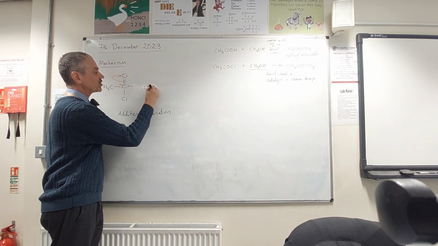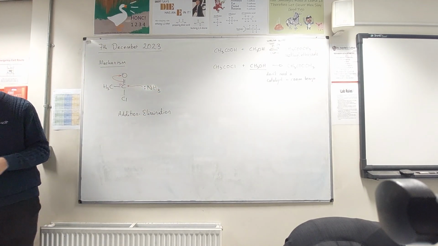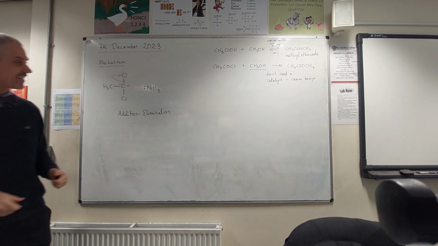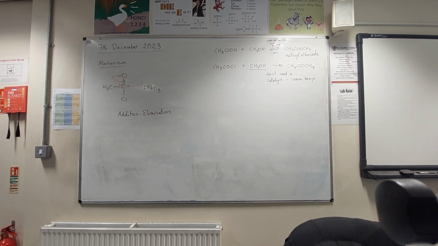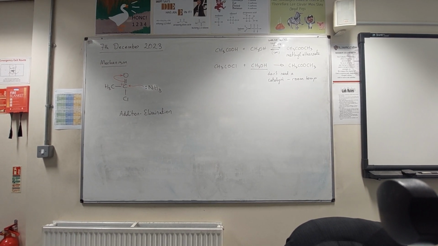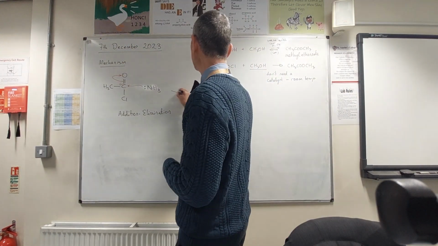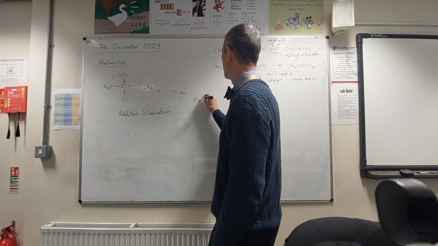I'm just going to change our water, or our methanol, to ammonia. Could you follow that mechanism through and give me the structure of the product that would make, please? Okay, what does my intermediate look like? H3C.